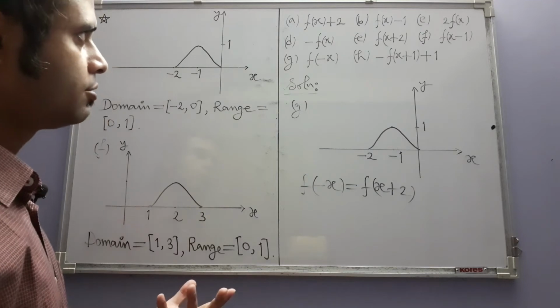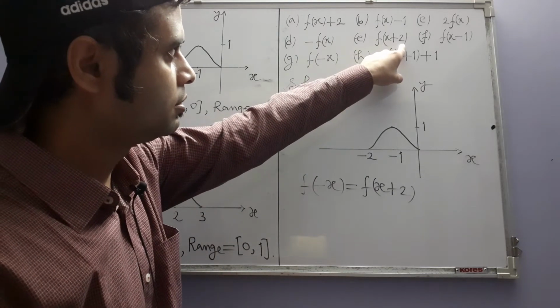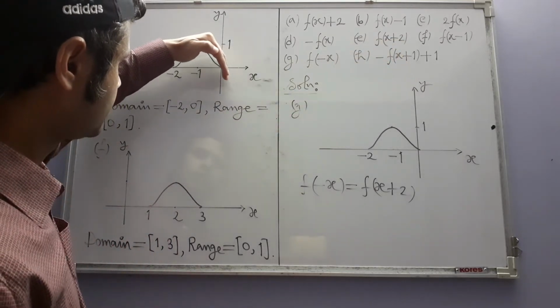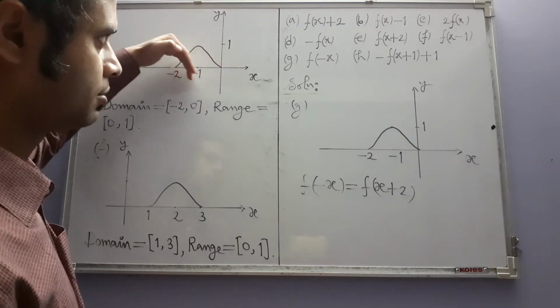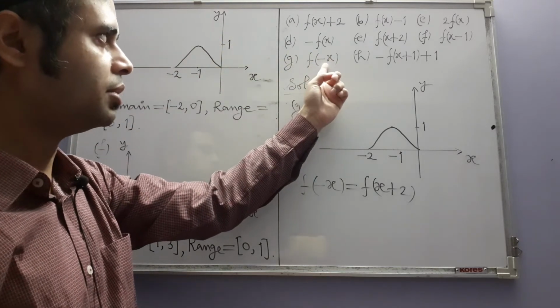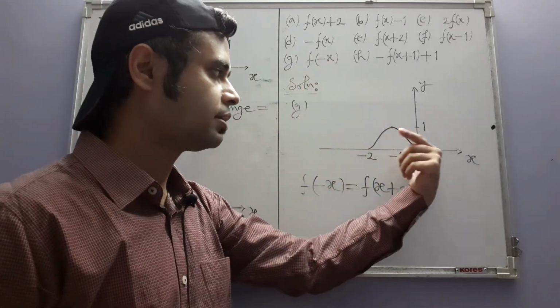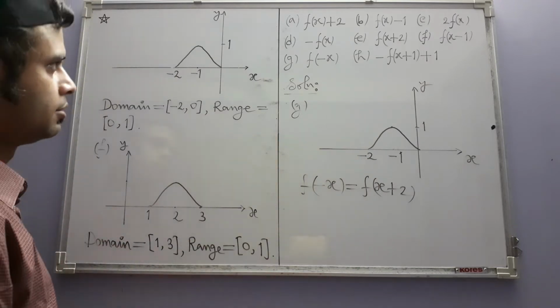So what I am trying to say here is that x plus 2 means translating the domain by 2 units to the left. This, however, means something else entirely. It is reflecting the domain about the y-axis.